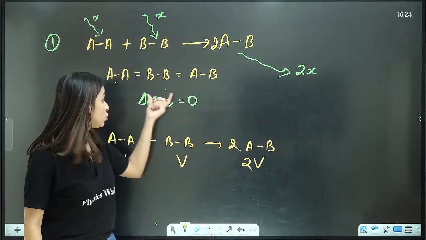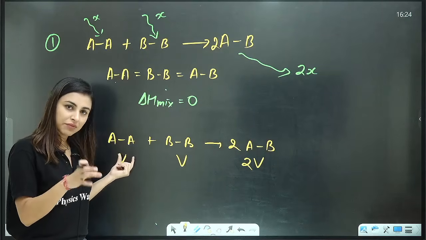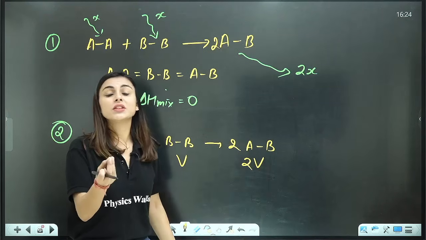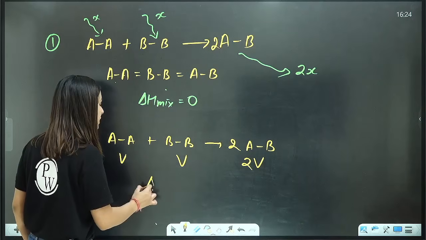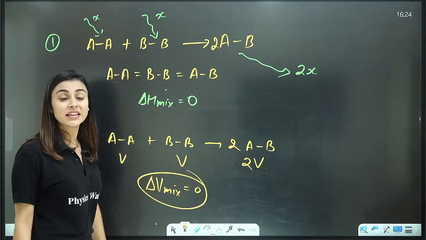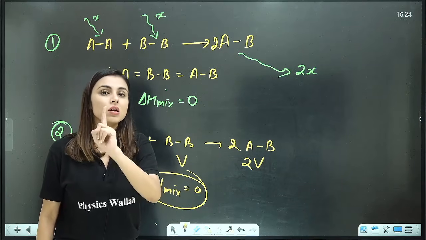If you take the total volume change, delta V mixing, you will say that ma'am, total volume change is also 0. So, this is an ideal solution. For an ideal solution, delta V mixing is also 0.